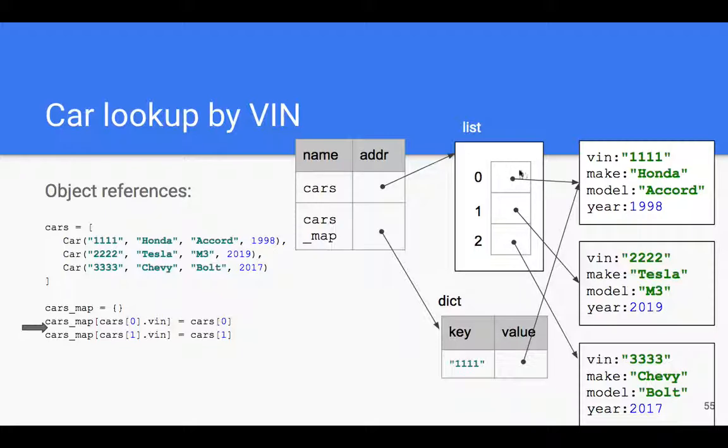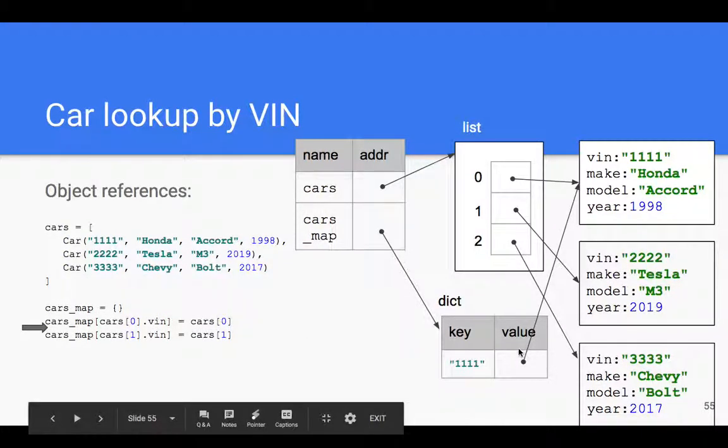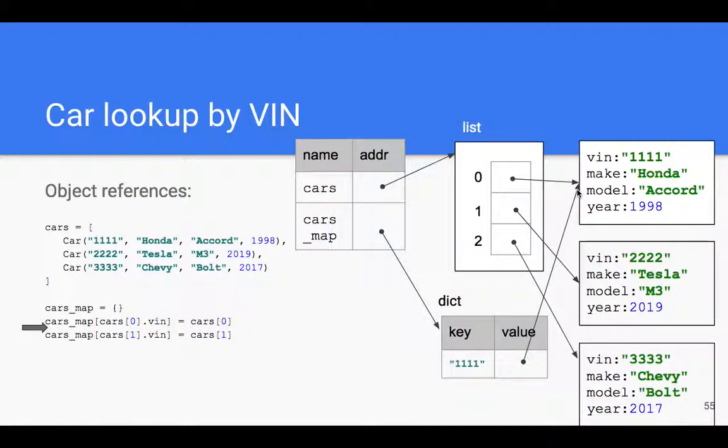cars 0 is a reference to this car object. When you assign a reference as a value to a key in a dictionary, the value for that key would point to whatever that reference points to.